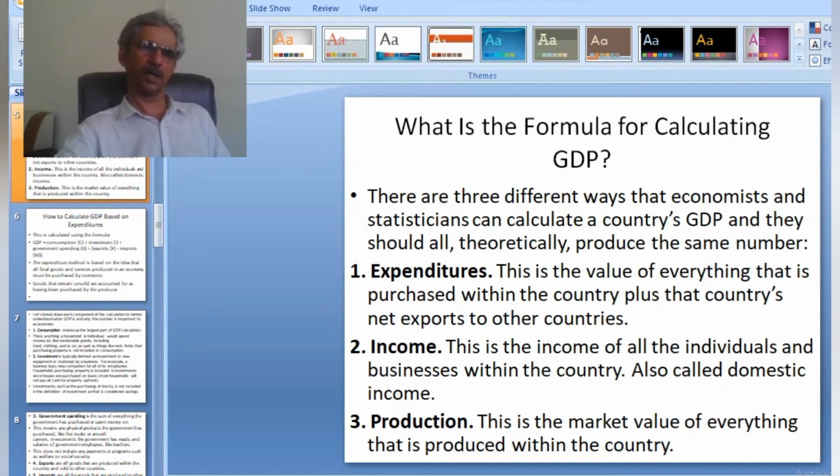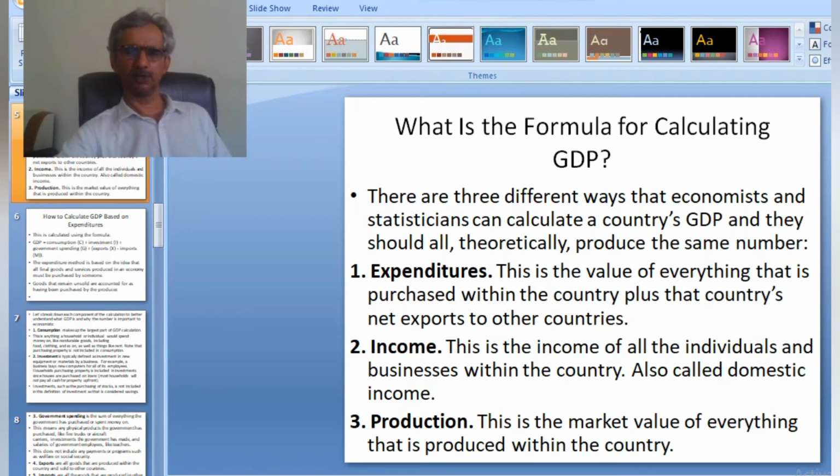Another method to measure the GDP is the income method. In the income method, we add all incomes earned by the factors of production. This is the income of all the individuals and businesses within the country, and it is also called the domestic income of the country. The third method is the production method or production technique.